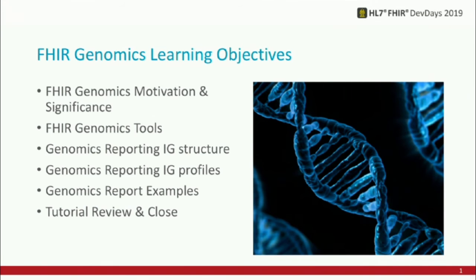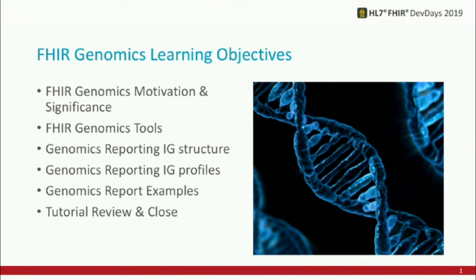So today we're going to be looking at the capabilities in FHIR to communicate genomics data, in particular starting with a little motivation and significance of some recent and upcoming work, and then we'll be going over the tools that are currently available and recommended to you by the HL7 work group, including the IG there, the implementation guide for genomics reporting. I'll be looking at the structure, in particular some of the scope and design decisions on there, and looking in particular at the profiles.